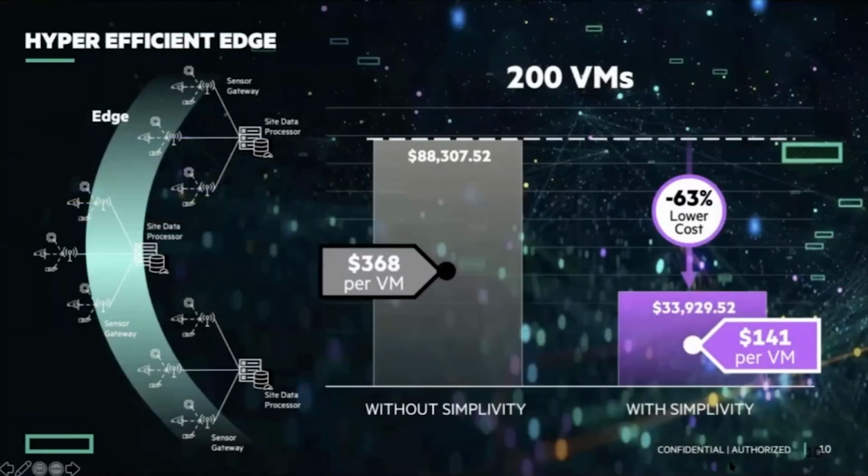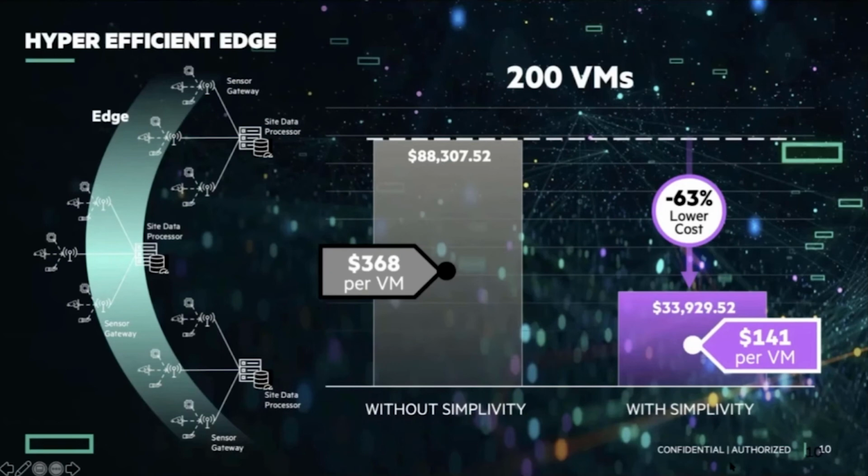Now let's take a look at what happens at the edge and how our hyper efficiency is affecting the edge. What we have seen is when customers are running without Simplicity, they are spending X amount. And when they have Simplicity in their edge site, customers are actually seeing up to 63% cost savings.